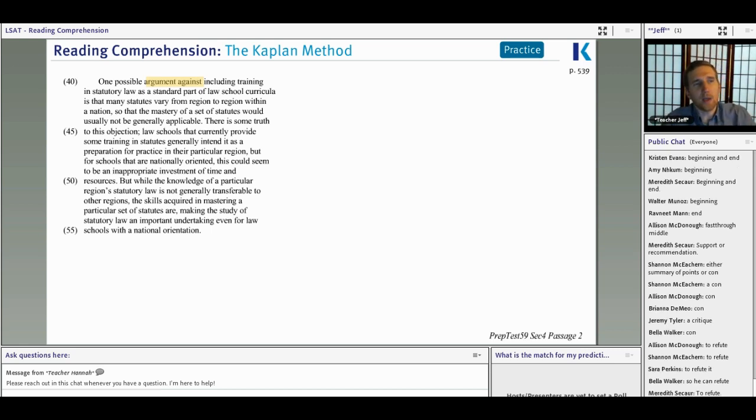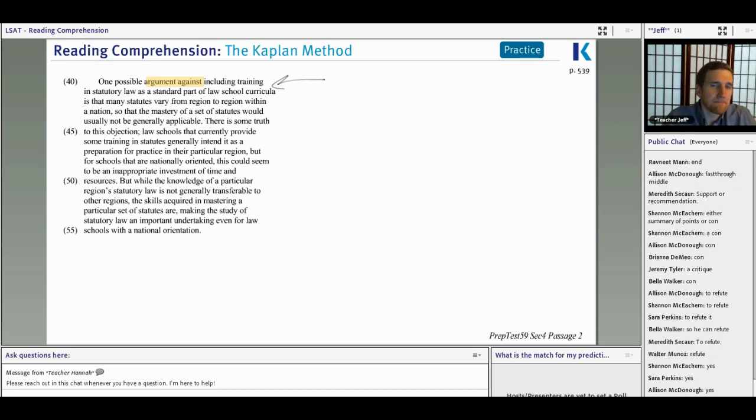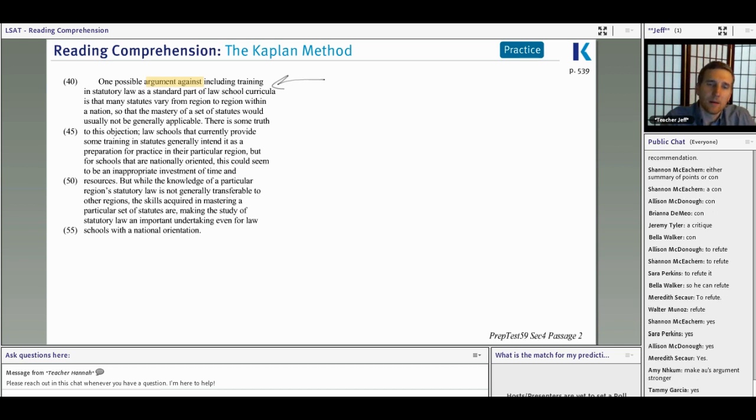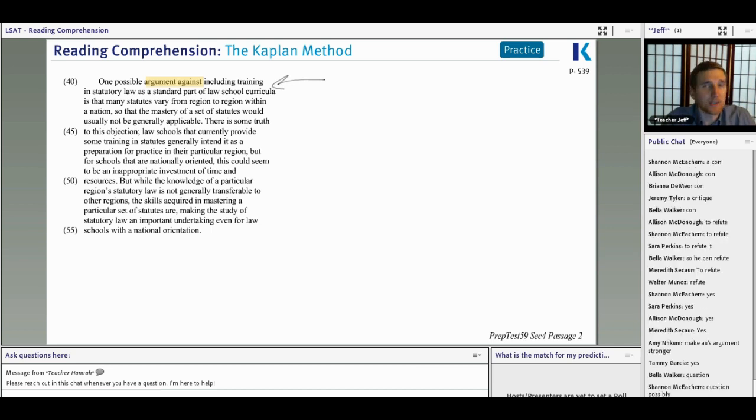However, do you think we should know what the argument against is? Do you think we should be aware of it? Probably, because why? Well, one, overall, it should hopefully end up making the author's argument stronger, but a question could definitely ask us, like, what would be a negative about statutory law training? So tell me, everybody, what is the negative?